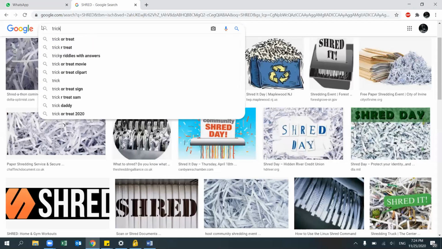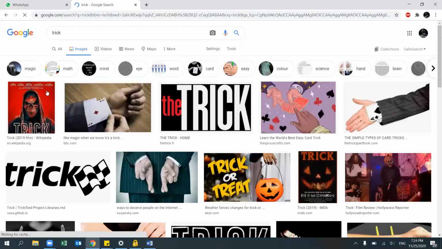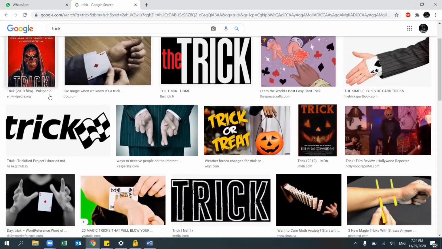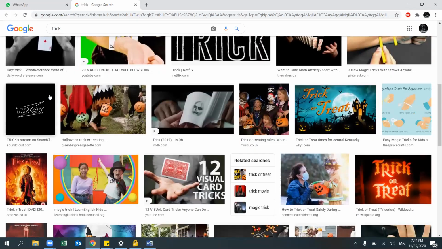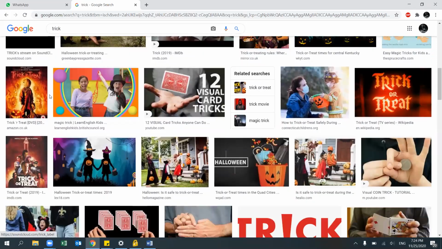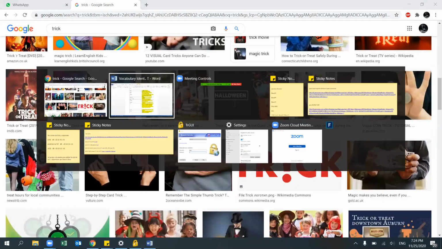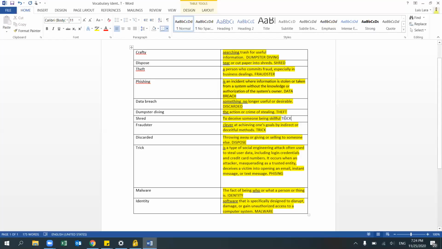Trick is like doing something skillful. That's why a clear or achieved goal by indirect or difficult method. Trick. Craft. This one is craft. No, let me put craft one more time.